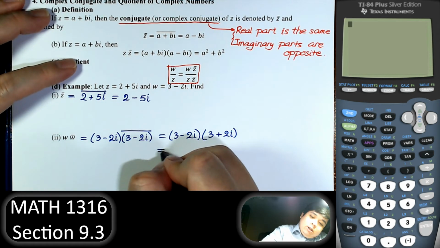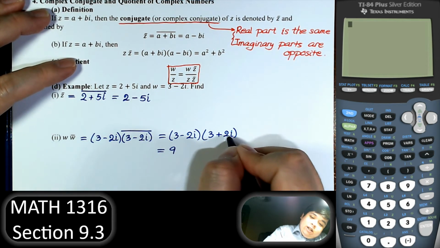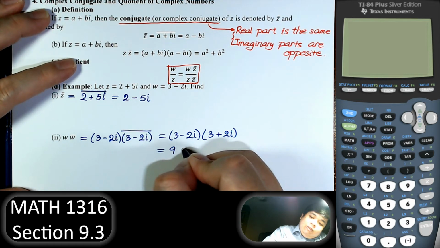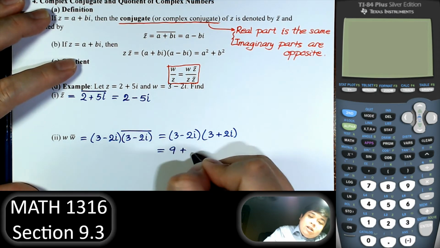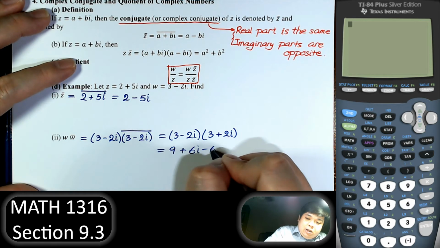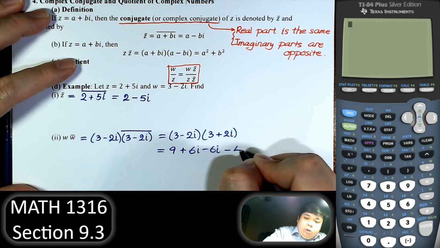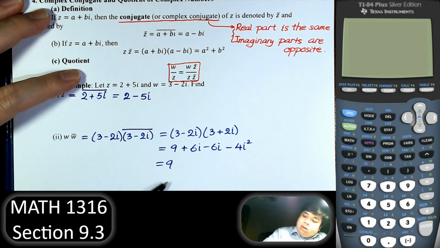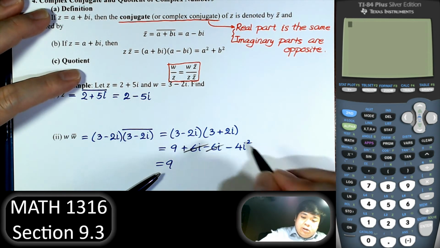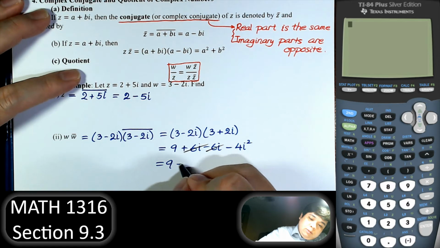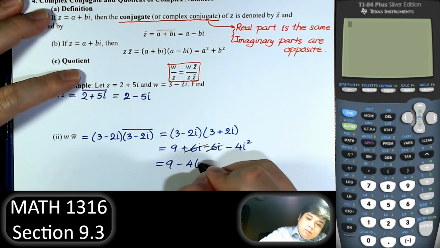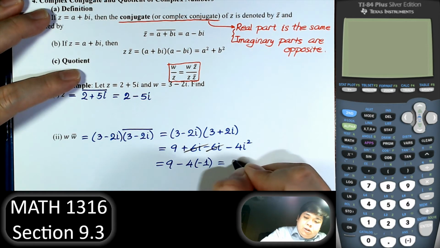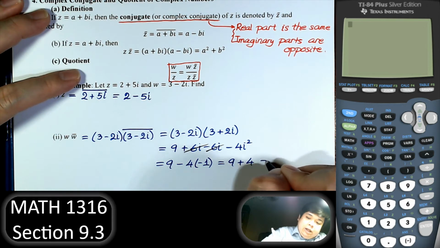Multiply it out. 3 times 3 is 9, plus 6i, minus 6i, minus 4i squared. i squared is negative 1. The 6i cancel out. So 9 plus 4 is 13.